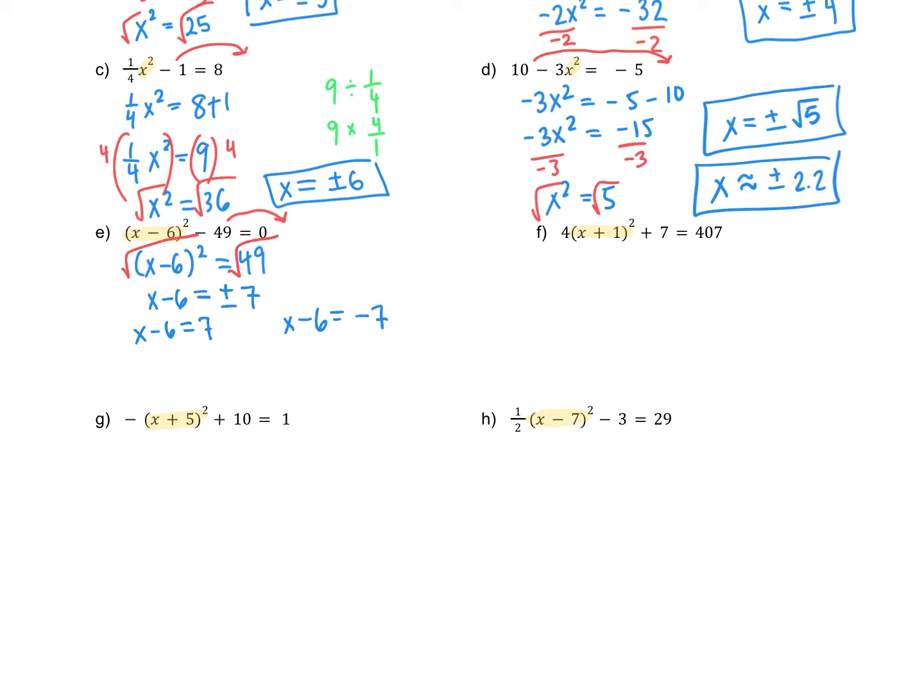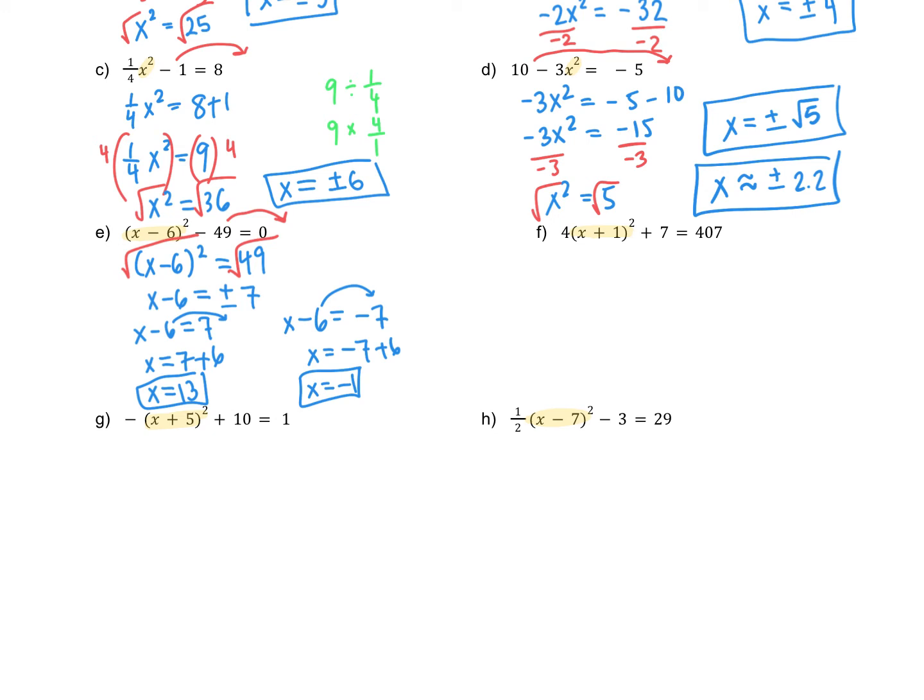So now I just have 2 little linear equations to solve by bringing over the 6. So 7 plus 6, which is 13 for one of my answers, and negative 7 plus 6, which is negative 1 for the other answer. So I still get 2 answers, but they're not the same. But I still had the plus minus the minute I took the square root.